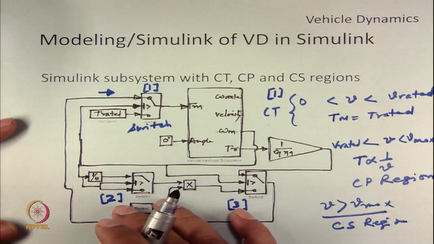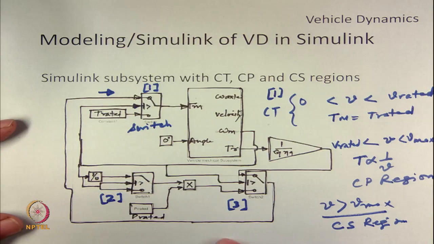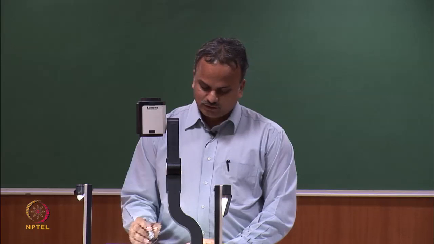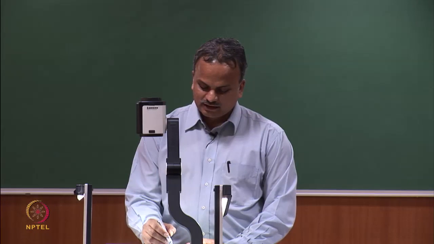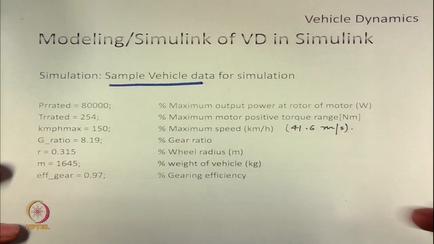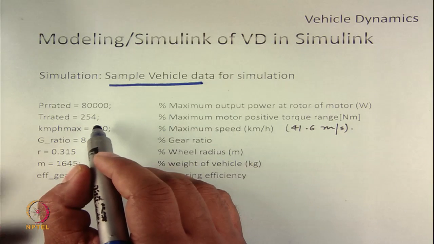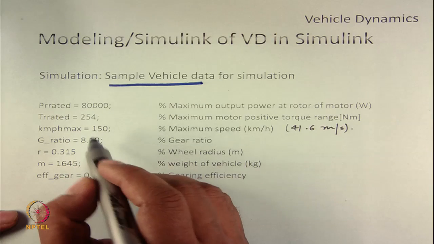So, let us see the results pertaining to this simulation block. Let us take a sample vehicle data. The rating of the machine is 80 kilowatt. The torque rating of the motor is 250 Newton meter.